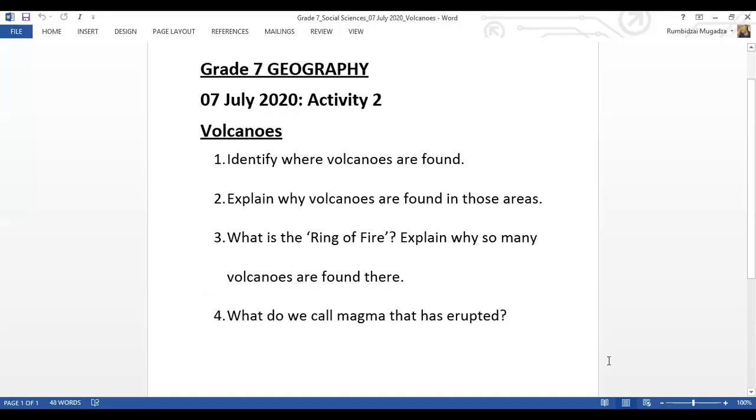That is your homework. Question number 1, identify where volcanoes are found. Number 2, explain why volcanoes are found in those areas. Number 3, what is the ring of fire? Explain why so many volcanoes are found there.